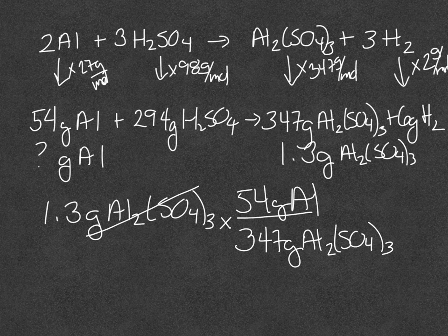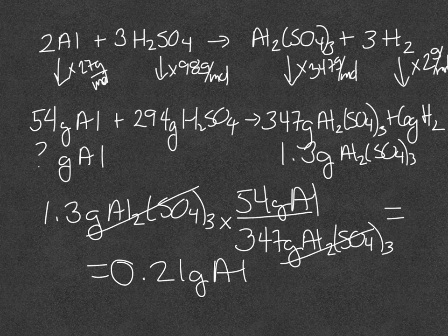My aluminum sulfate still cancels, and guess what? When I put this in the calculator, I put 1.3 times 54 divided by 347, and you guessed it, it will still come out to the correct answer of 0.21 grams of aluminum that is needed.